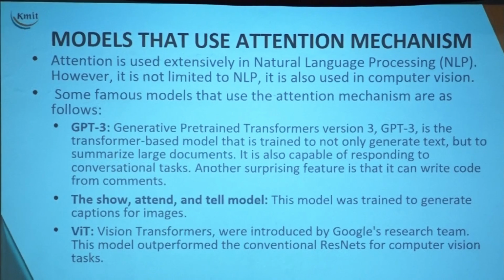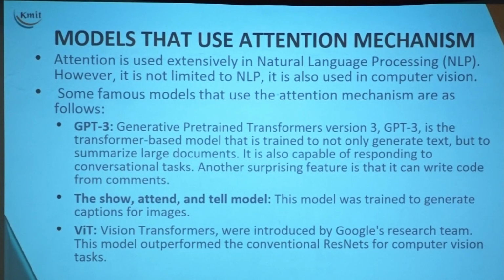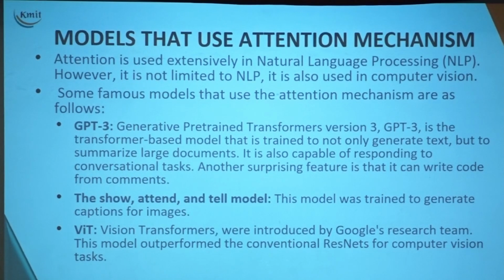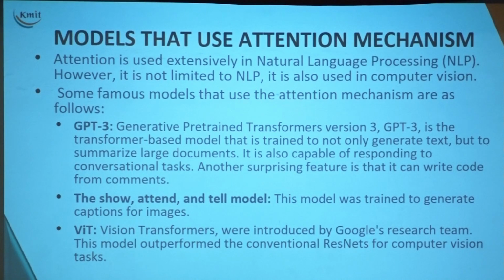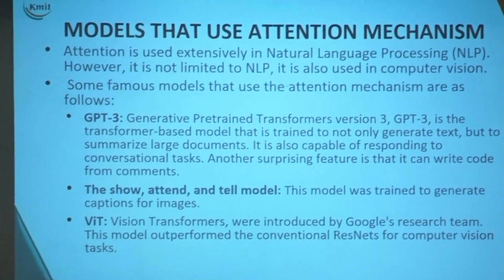And where are you using this type of attention? You are using it pretty extensively in NLP. Famous models that use it are GPT, your ChatGPT, show, attend and tell models, and vision transformers. All of them use self-attention inside.